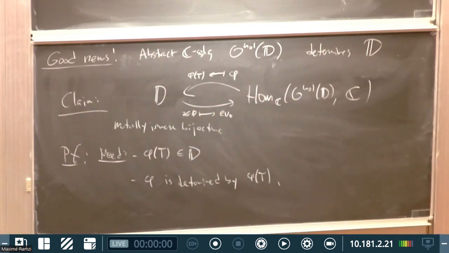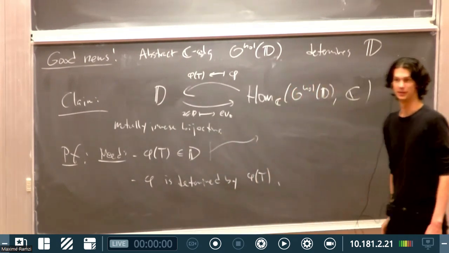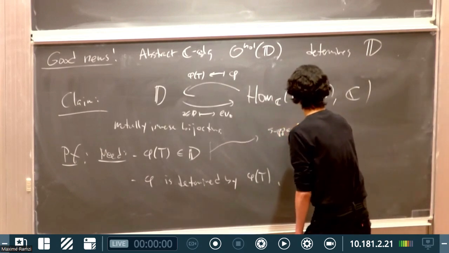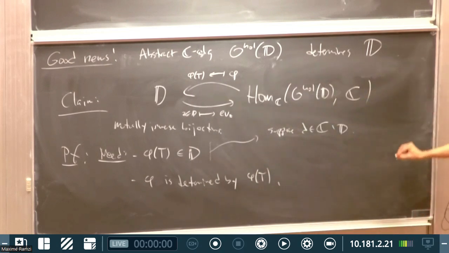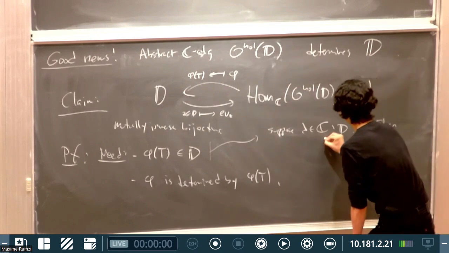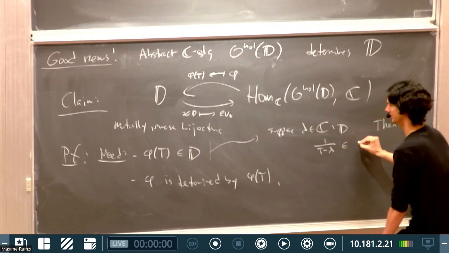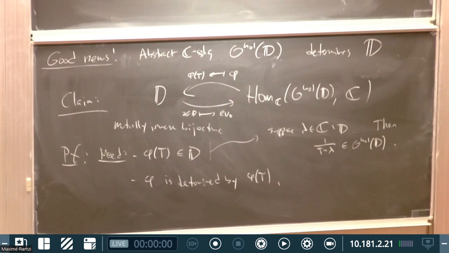The reason for this is actually remarkably simple. Suppose you have a lambda in C which is not in D. Then the function 1 over t minus lambda lives in this ring, or in other words, t minus lambda is a unit.